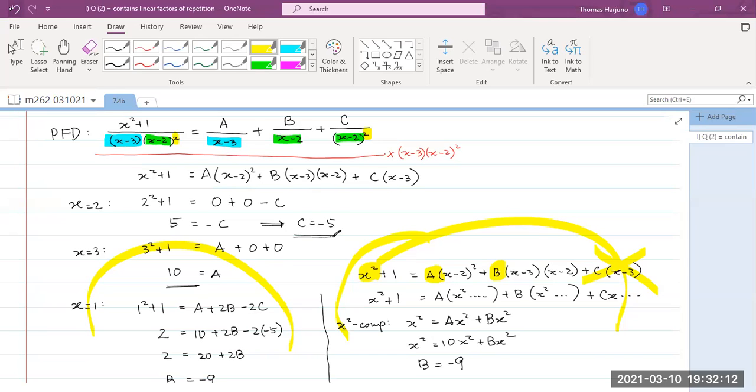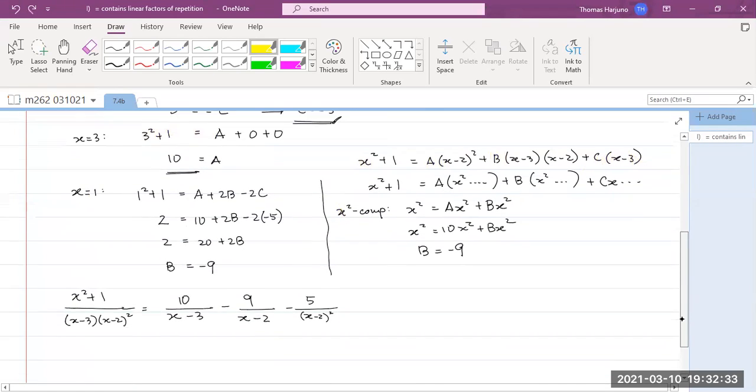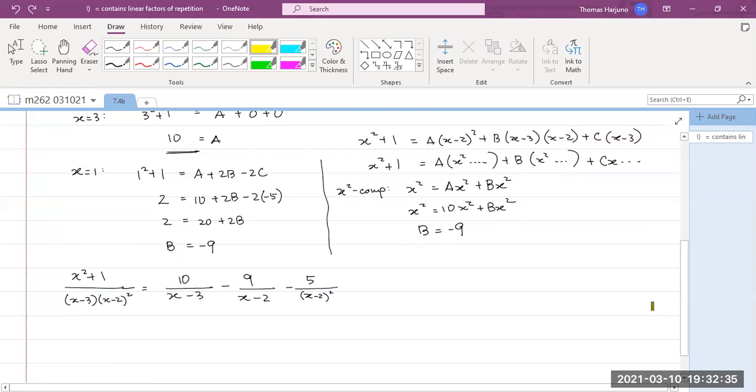The mixture of them is actually an art. And then we come up with the same b, which is -9.